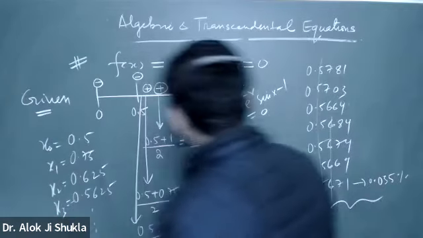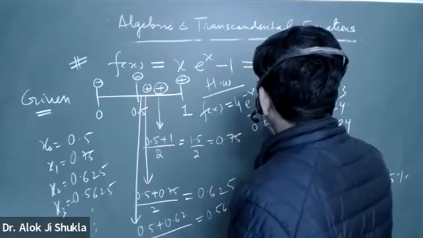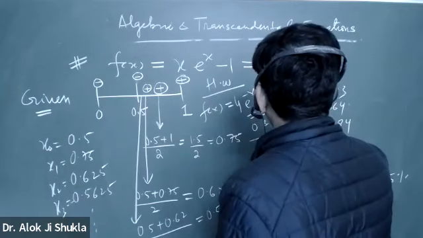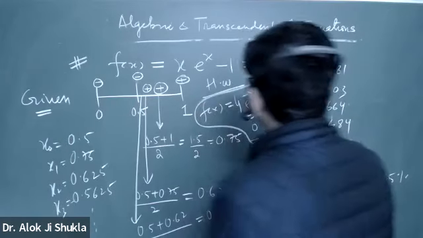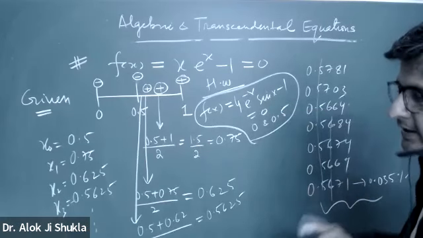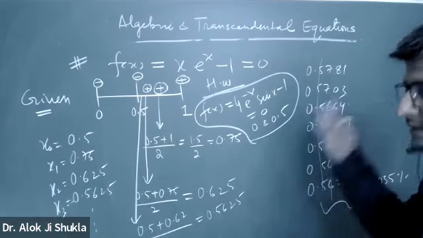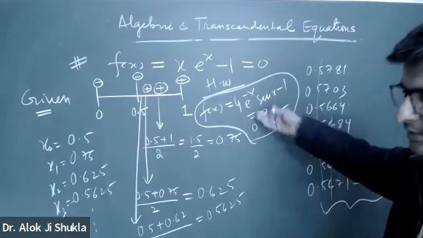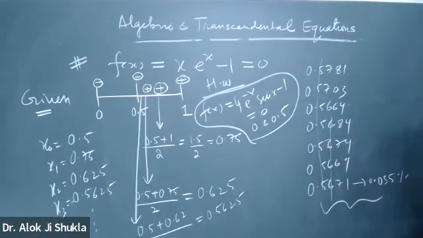Take the starting points 0 and 0.1. Do this question. Just don't make one mistake: put all values in radians. You can't put degrees. Degree is not a unit, it is a converted unit. So everything has to be put in radians. Try to apply the bisection method in the same way.